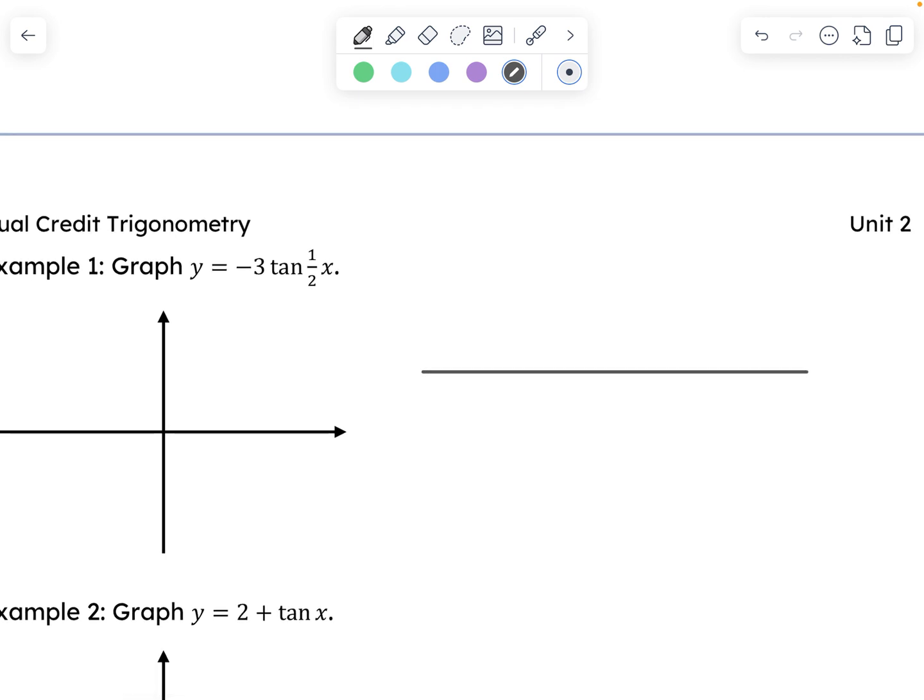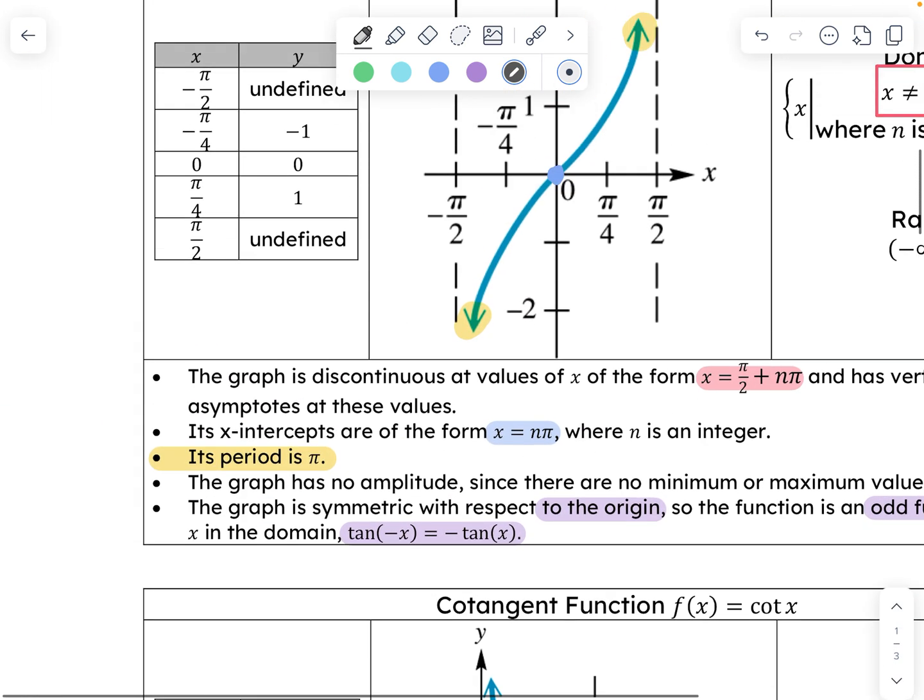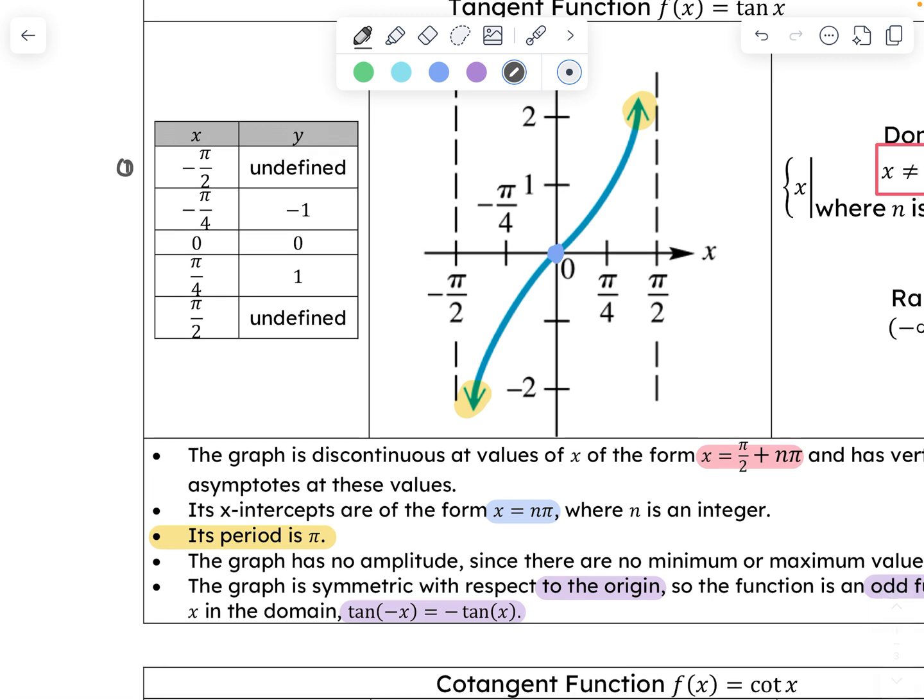And just like last time, I'm going to kind of split it into some equal parts. If I'm looking at this one, I know from my table up here that I need 1, 2, 3, 4, 5 spots. But what's a little bit different than last time is that it's not going to start at 0 necessarily.